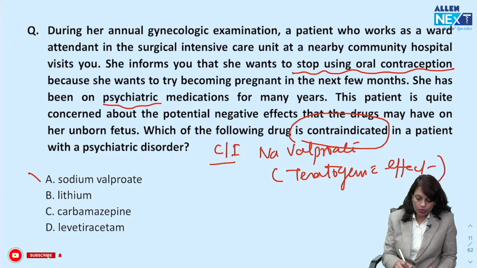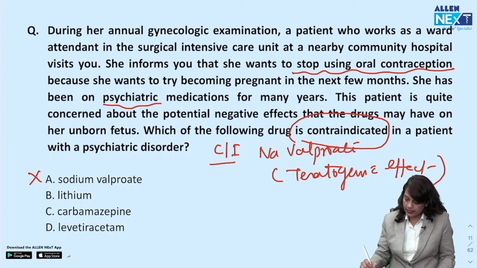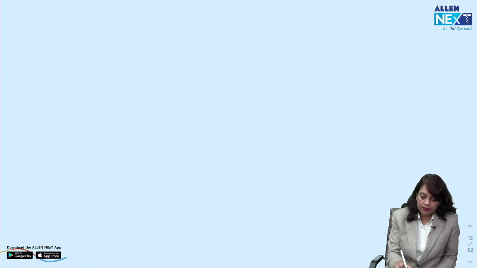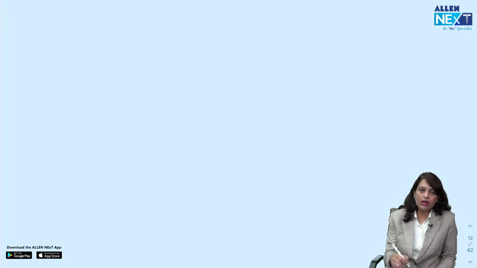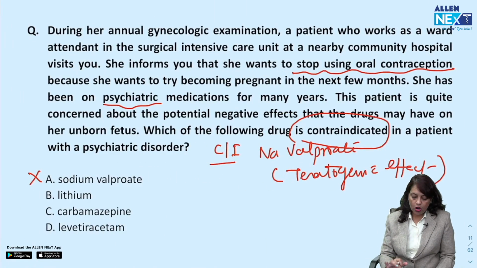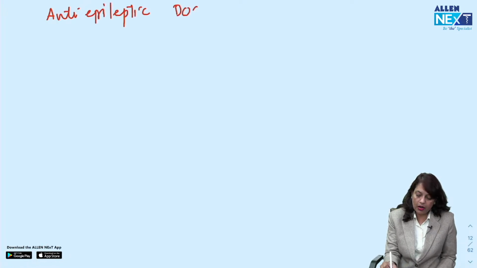Okay, so sodium valproate is causing the teratogenicity, but other drugs also cause teratogenic effects. But looking at the pros and cons and looking at the value of anti-epileptic drug, I am not going to stop all the B, C and D drugs that can be given. Okay, now what is the anti-epileptic drug of choice in pregnancy?